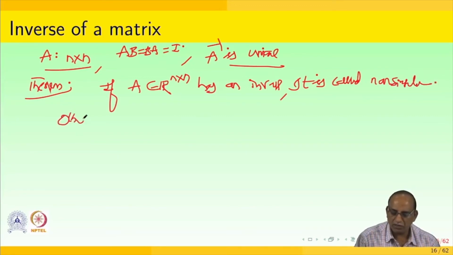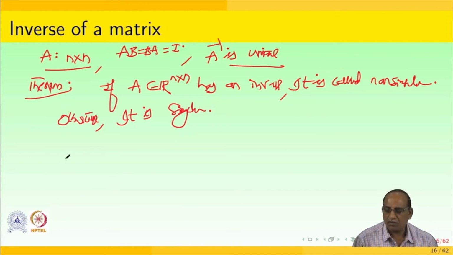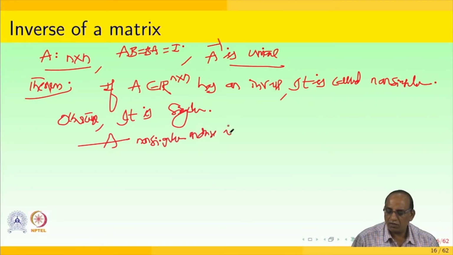Otherwise, it is singular. So a non-singular matrix is invertible.